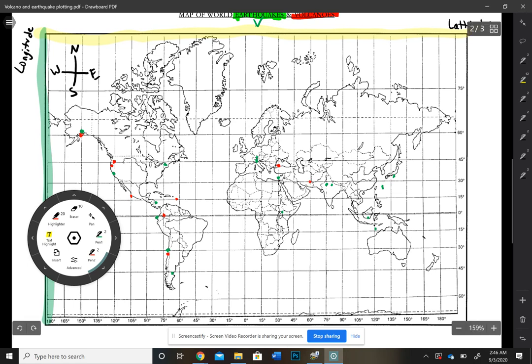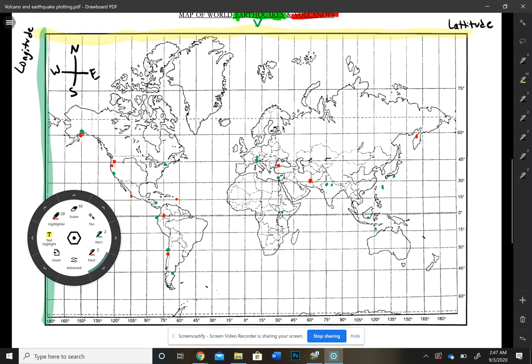That's right here. 55 north, 160 east. Okay, right there. Maybe even a little higher.